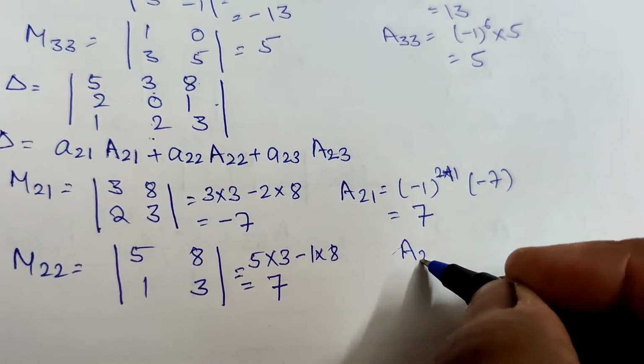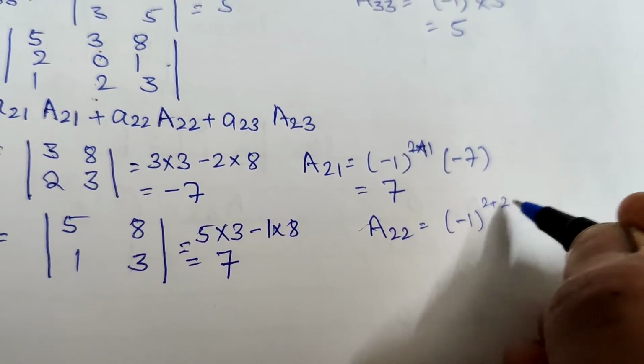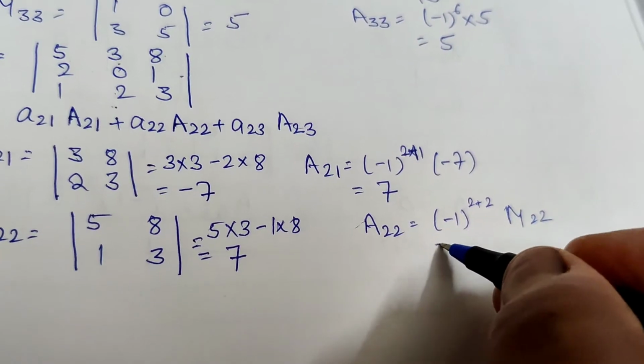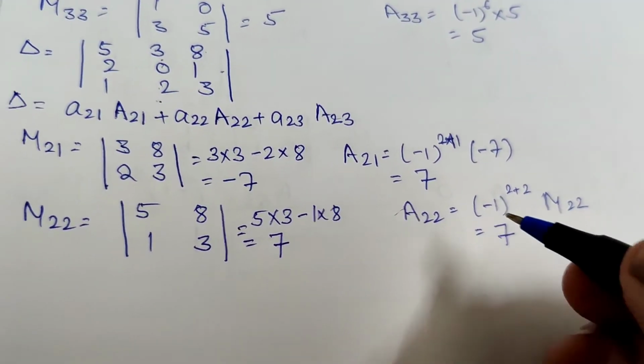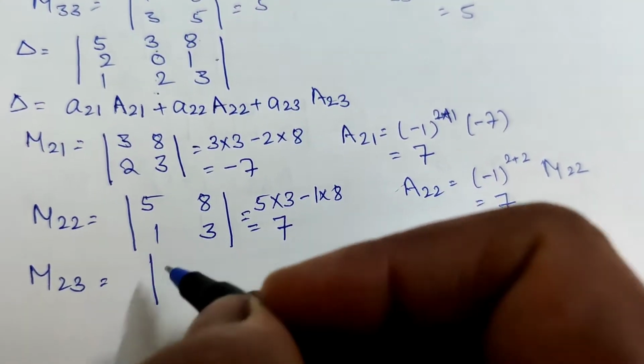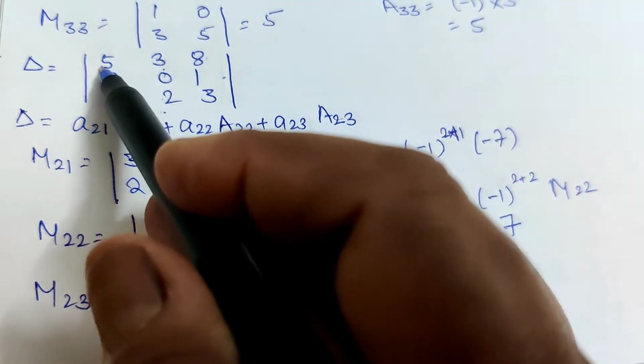Now the cofactor A22 is minus 1 raised to power 2 plus 2 into M22. M22 is 7. Now M23, second row and third column. 5 3, 1 2.